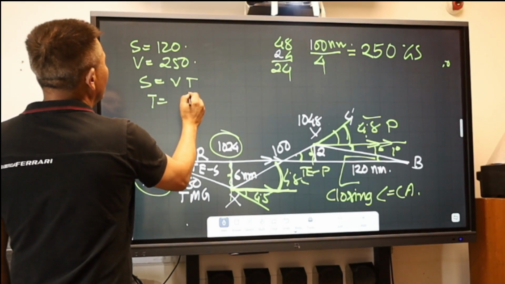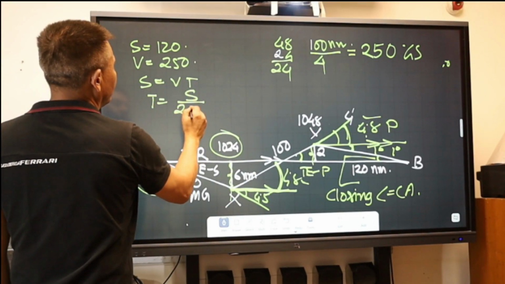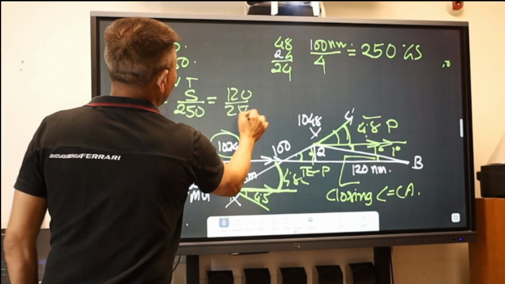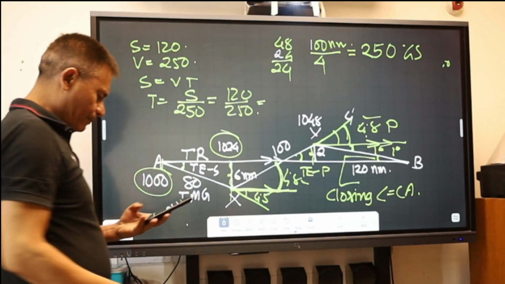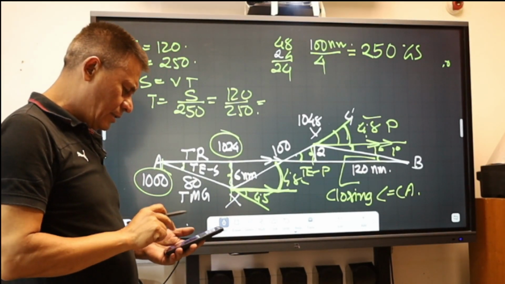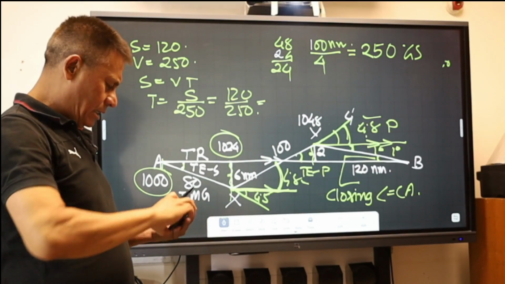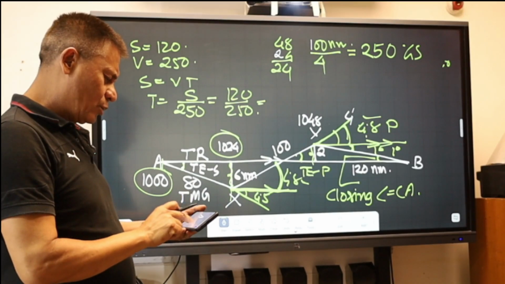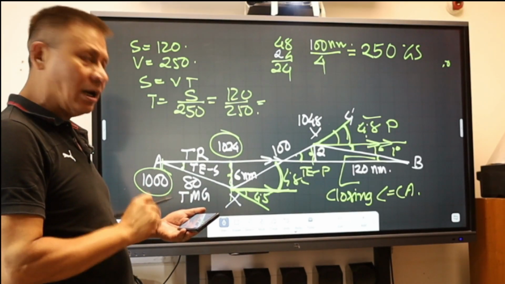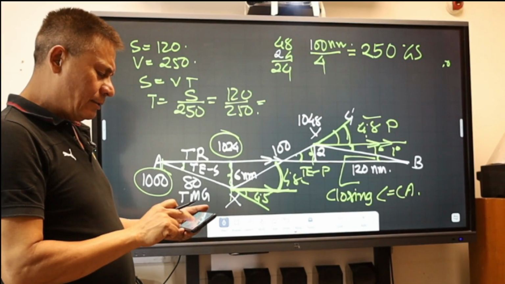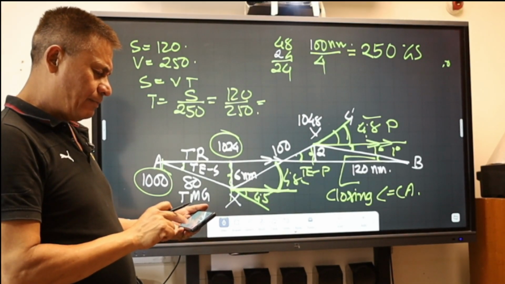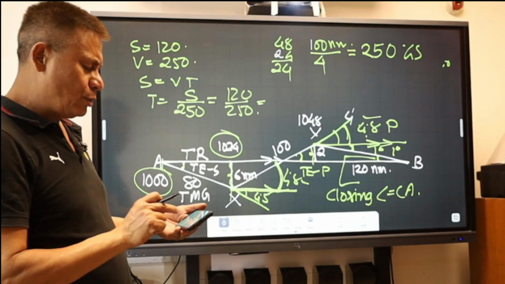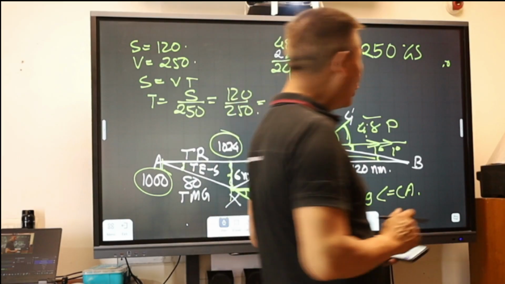Time is equal to distance upon speed, which is 120 upon 250. So let's find it out. 120 divided by 250 is equal to 0.48 hours, multiplied by 60 is equal to 28.8 minutes.